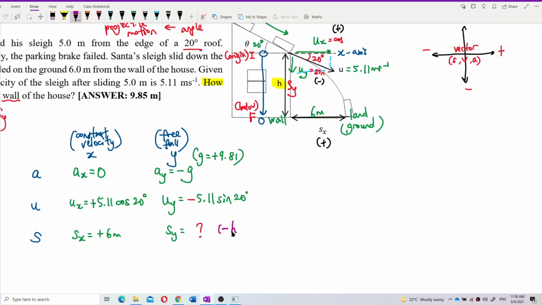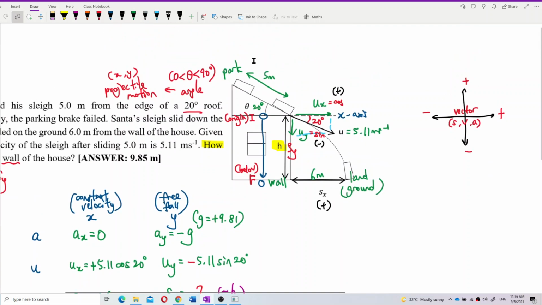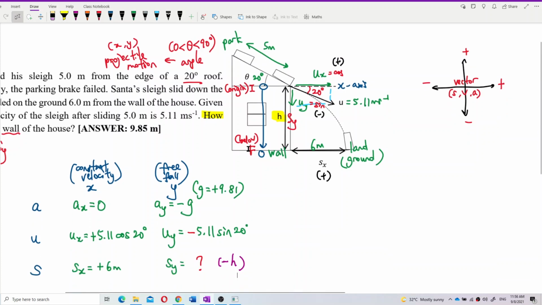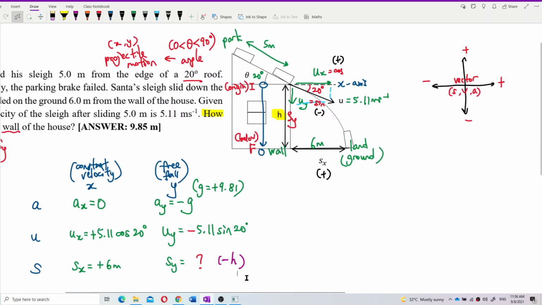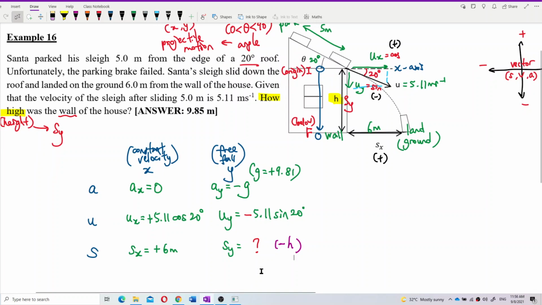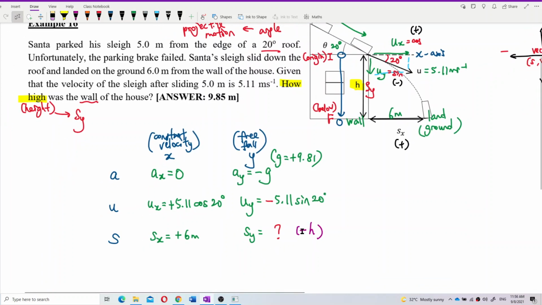When the final point is above the origin, you get a positive displacement. When the final point is below the origin, you get a negative displacement. This is just my prediction.